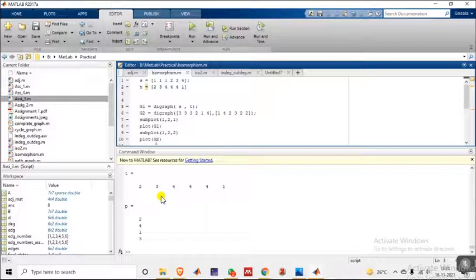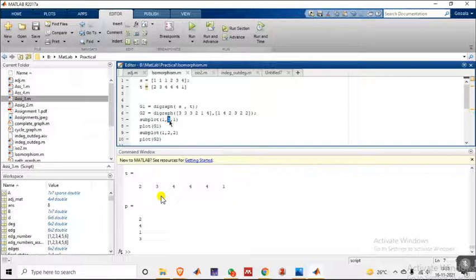As I have already told, isomorphism arises only when we are comparing two graphs. So here we have graph 1 and graph 2. And now I'm just plotting those graphs. What this subplot means is that we are dividing the output window into two equal parts.